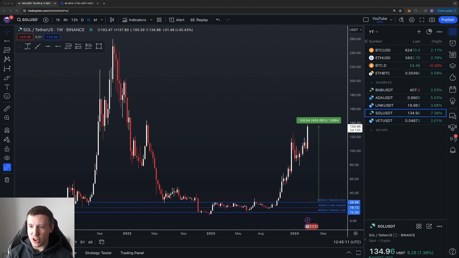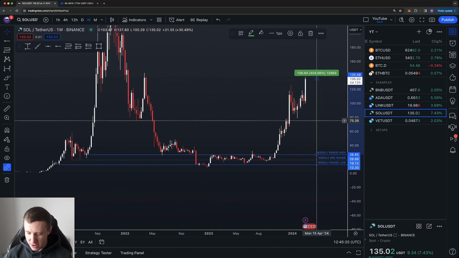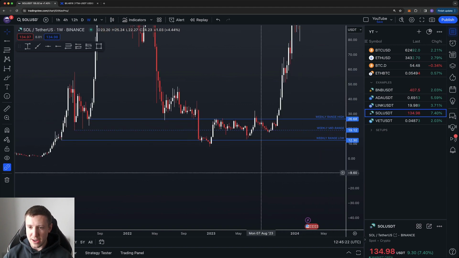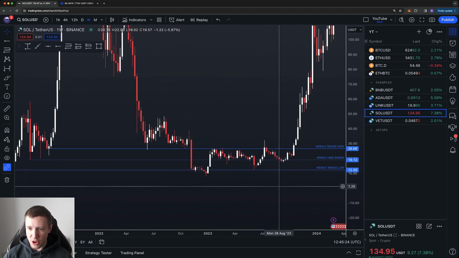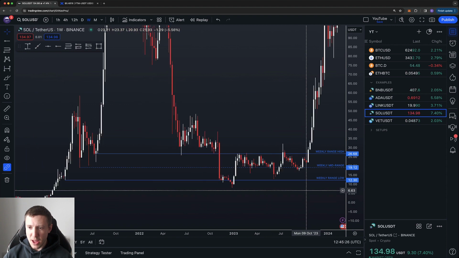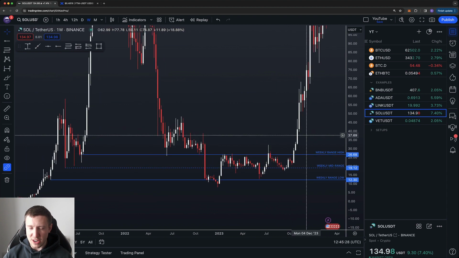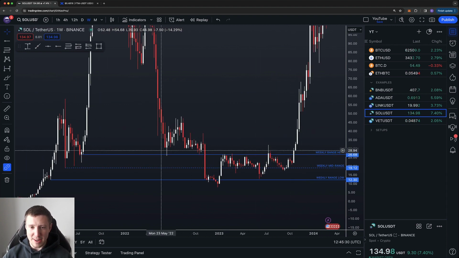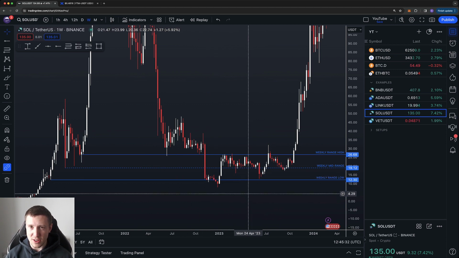As you can see on the chart, Solana has pumped 400% since breaking out of its weekly range high at about $26. Let's zoom into the chart because Solana's got a lot of examples that I want to go through. The way to identify ranges is when price action has been sideways and you've got tested levels of resistance and support that have been tested on multiple occasions.